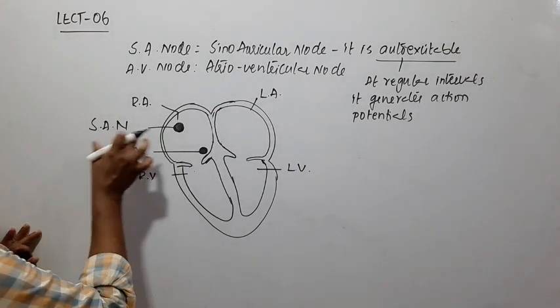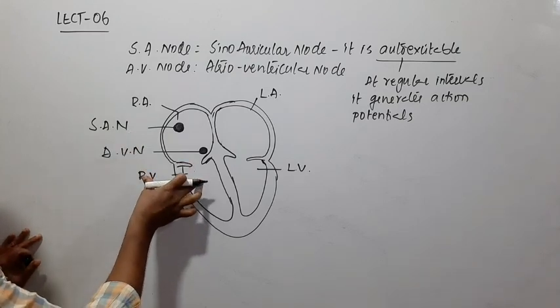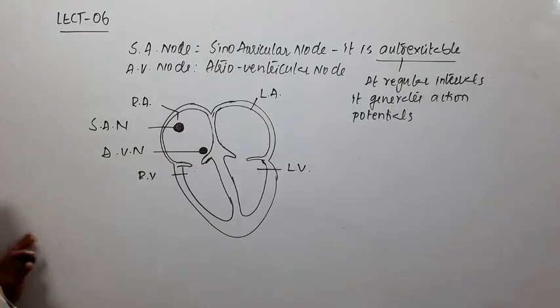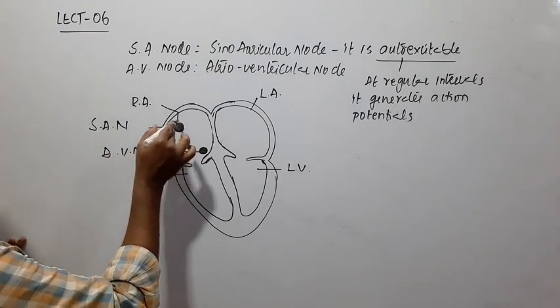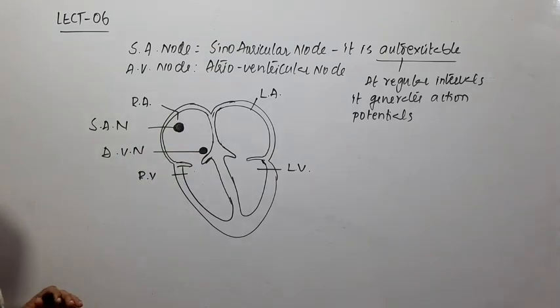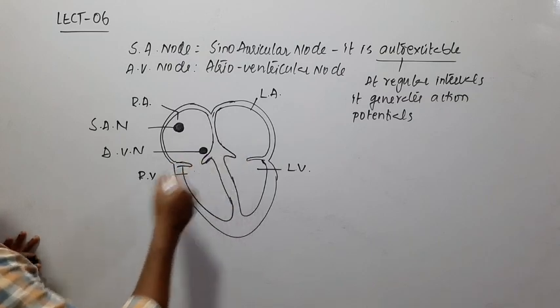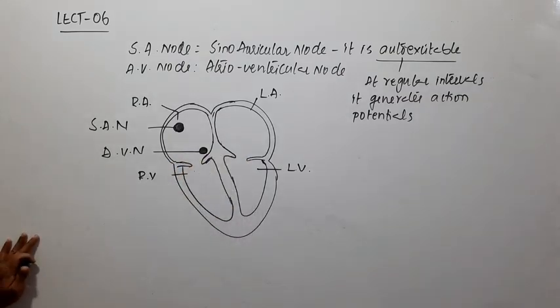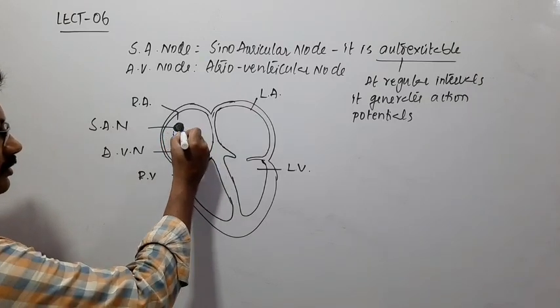So here we have two nodal tissues, both located in the right atrium. One is present near the opening of the superior vena cava, and another one is present very close to the atrioventricular septum, and these are connected by the nodal fibers.